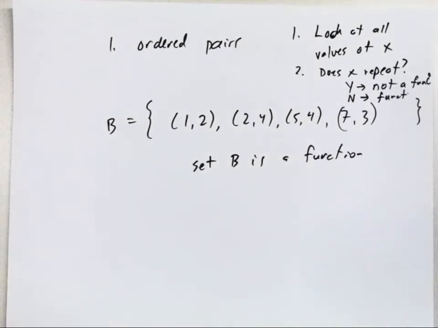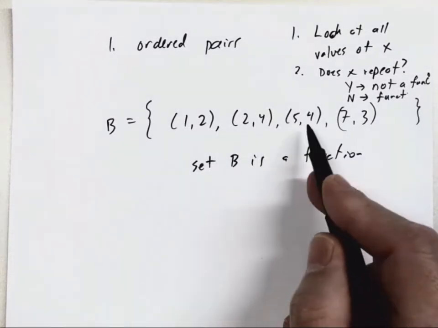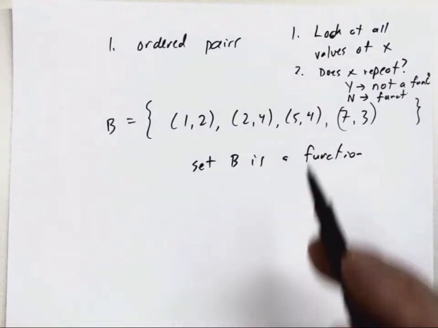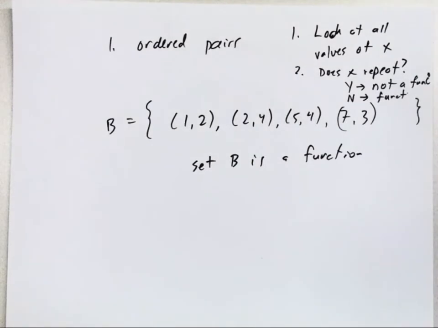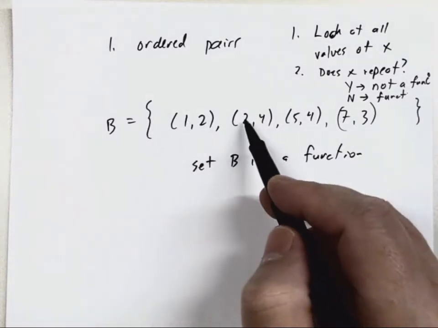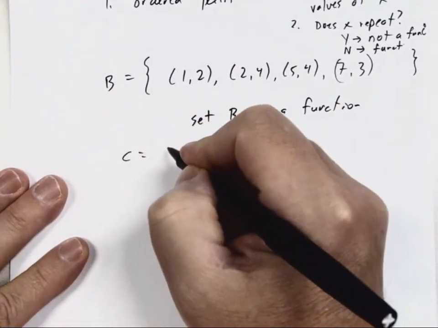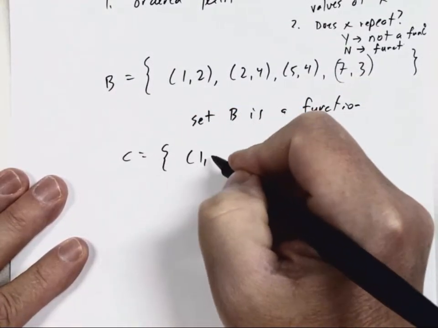What's interesting, some of you may have noticed, look at my values of y: 2, 4, 4, and 3. And you say, well, hey, the y's repeat. But you know what? That doesn't matter. That has no impact on whether it's a function or not. The whole key is we're looking at the values of x to see if they repeat. Let me do another quick set.